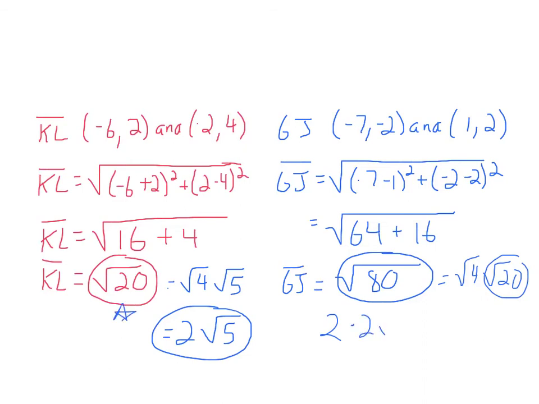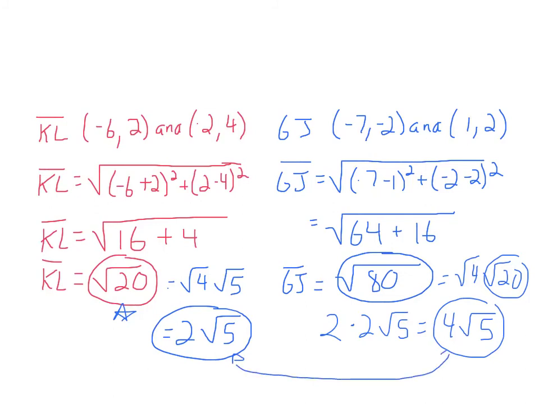This is 2 square roots of 5, or 4 square roots of 5. So if we notice here, the length of GJ is 2 times the length of KL. And that's going to be the second part of our midsegment theorem.